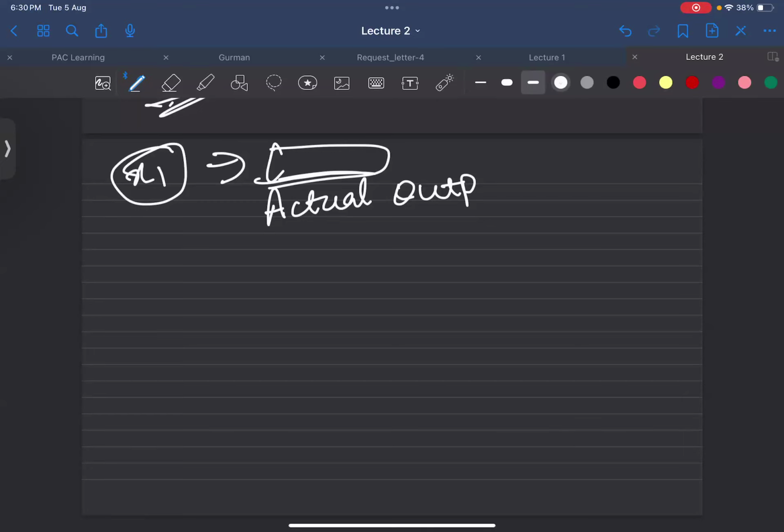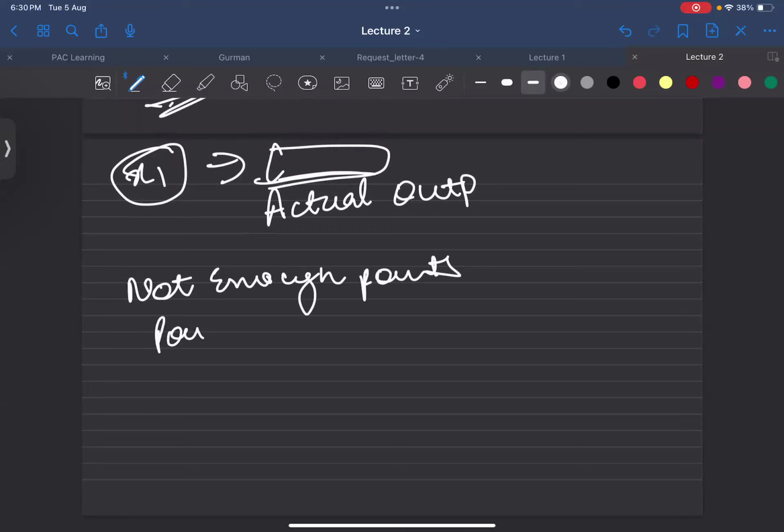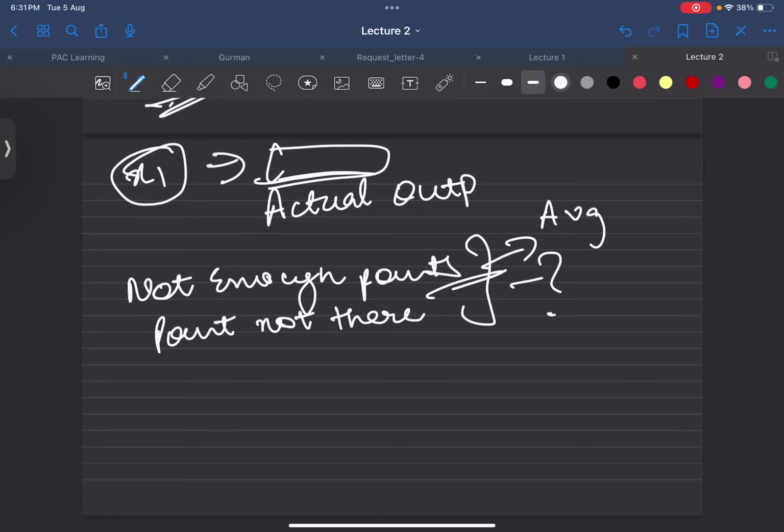And suppose some point is not there at all. So I mean to say we don't have enough data points. The second point is suppose the point is not there at all in the training. Then our average, if there are not enough points, we can't consider as the actual output, because these are only 5 in number, as I also took only 5.